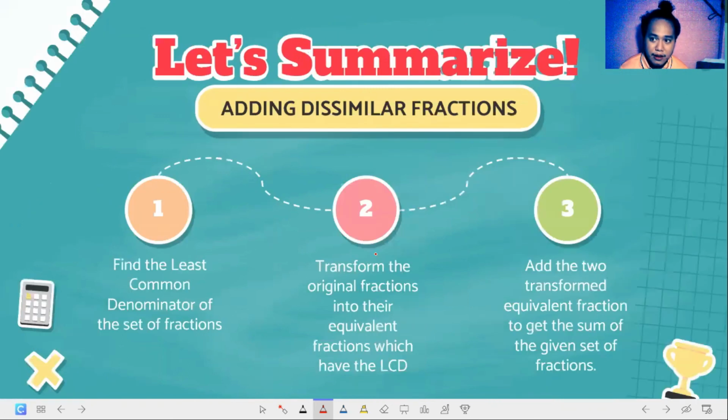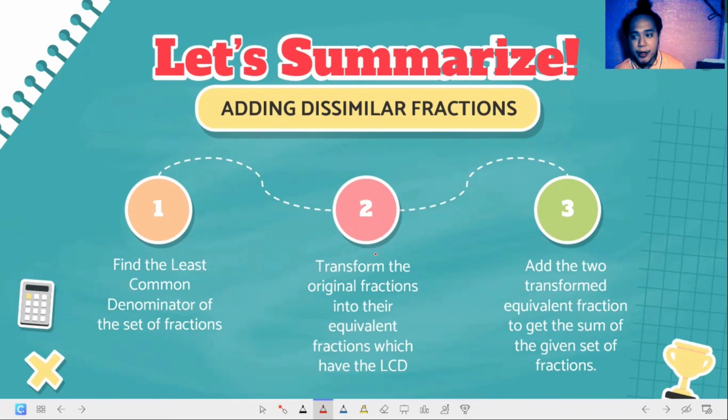Now, let's summarize our lesson for today. In adding dissimilar fractions, first, you have to find the LCD. And in finding the LCD, you have to identify or find the LCM or least common multiple of the denominators of the set of fractions.